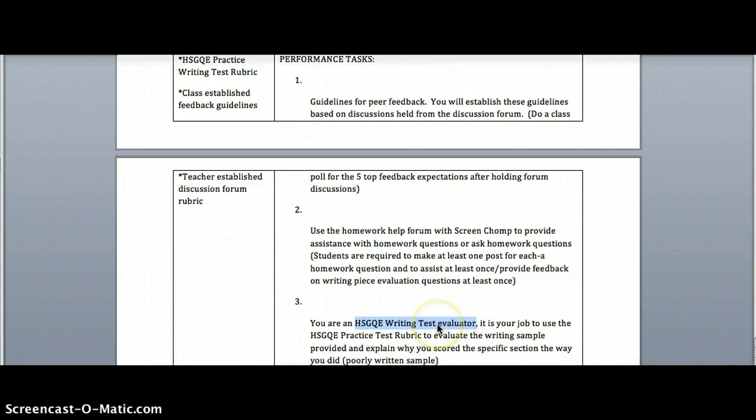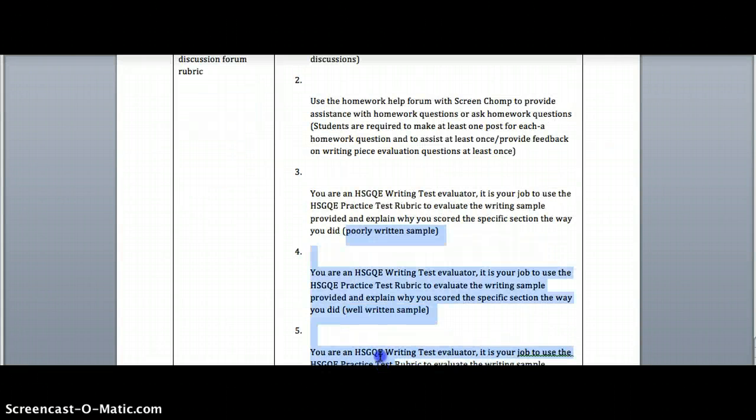So focusing on pretending to be a writing test evaluator is helpful, not only because they get more familiar with the rubric and assessing various samples from poorly written to well-written samples, but they also become quite familiar with their audience by simulating and role-playing that particular situation.